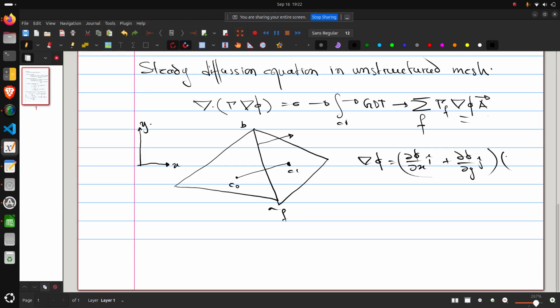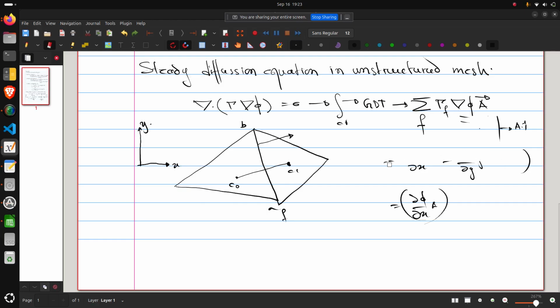Area was nothing but, for example, a x i cap, so we'll just take dou phi dou x times a, right? But in this case we cannot do that because both the directions do not align with the x and the y direction, right? Now, so what can we do?